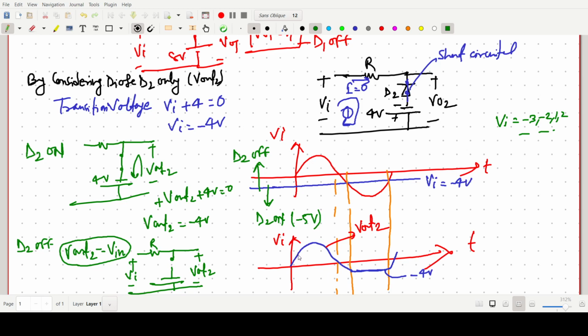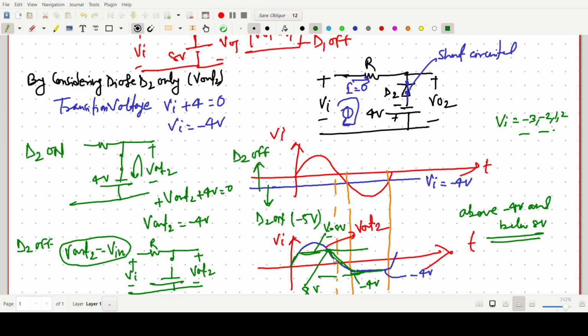So in this case, this one is 8 volt, and this one is minus 4 volt. The question is, which part of the sine wave does it transmit? It transmits above minus 4 volt and below 8 volt.